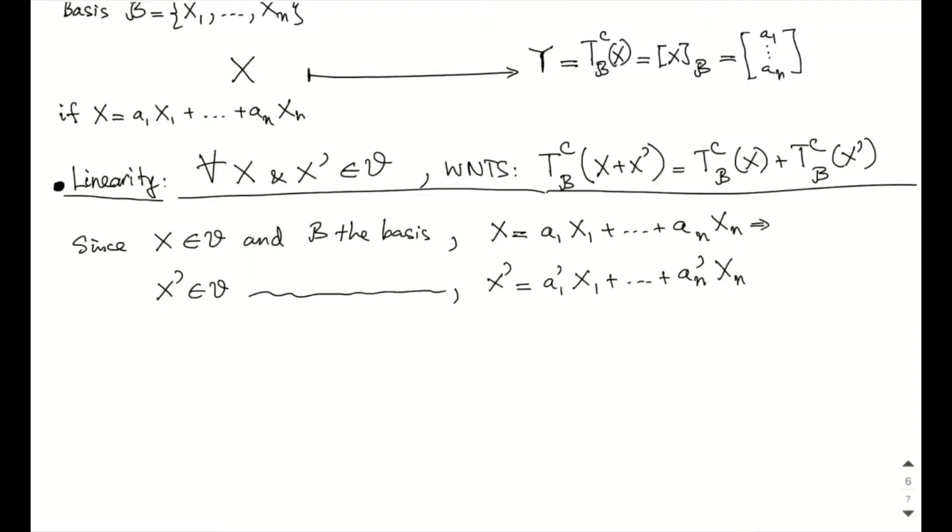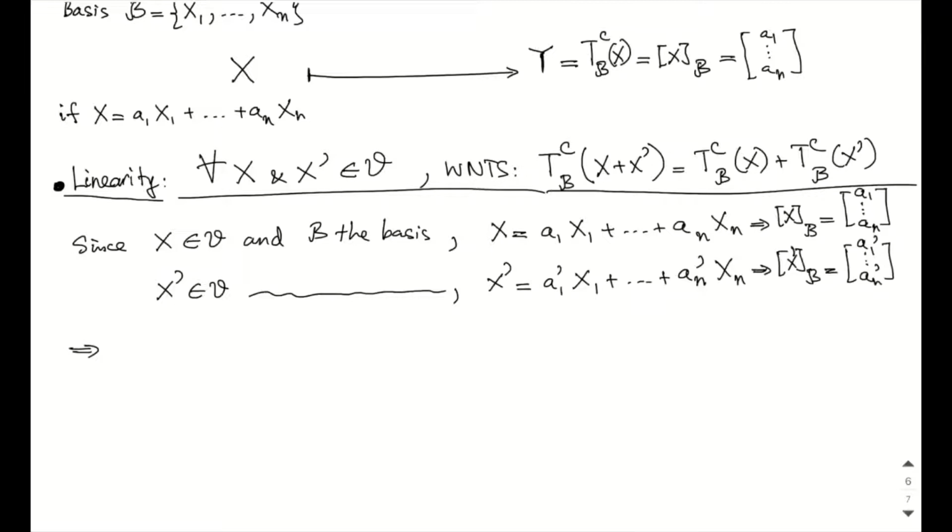This immediately implies that the coordinate vector that corresponds to x with respect to the basis B is of course a1, ..., an. And the coordinate vector associated with x prime with respect to the basis B is going to be a1 prime, ..., an prime.